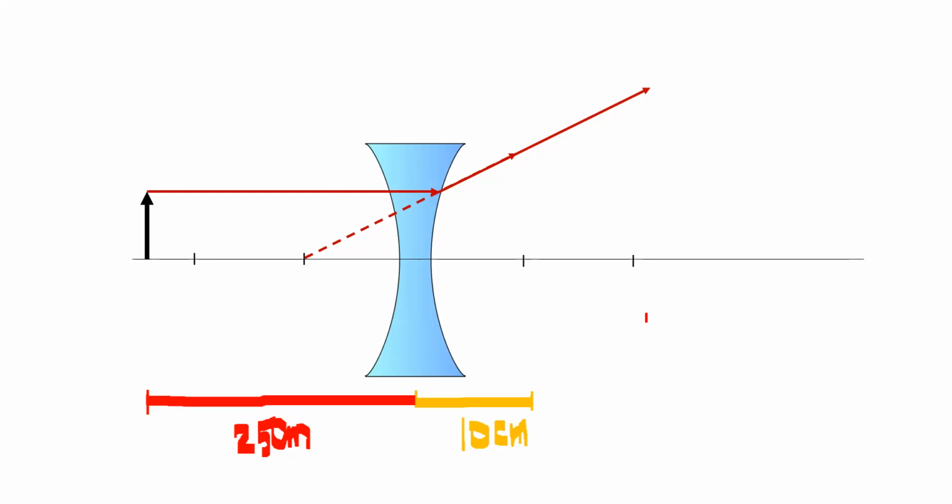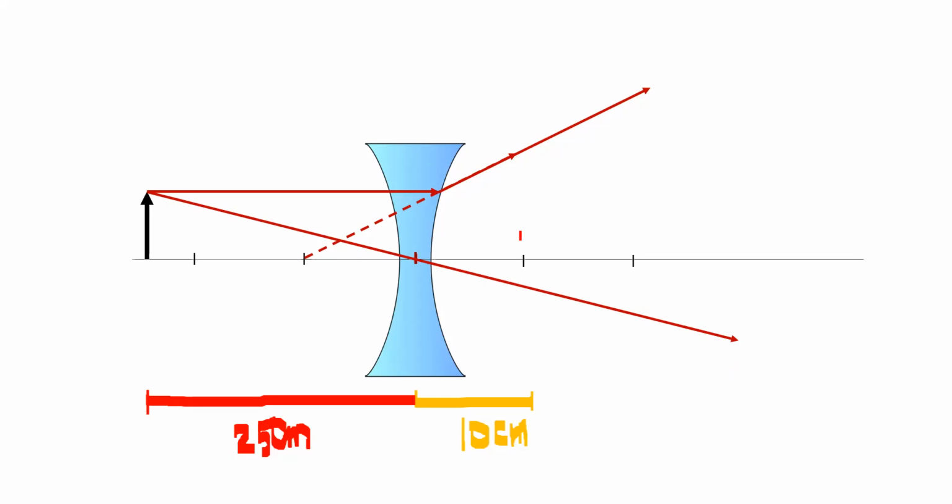Now that's the first line. The second line is the line which passes through the center of the lens. It must pass through the center.